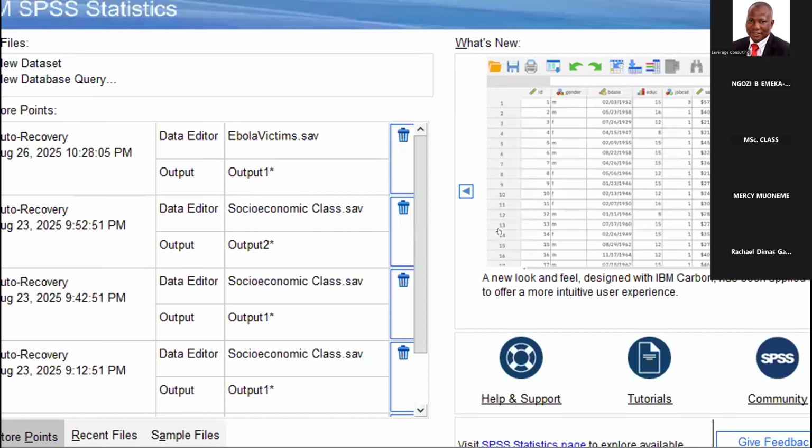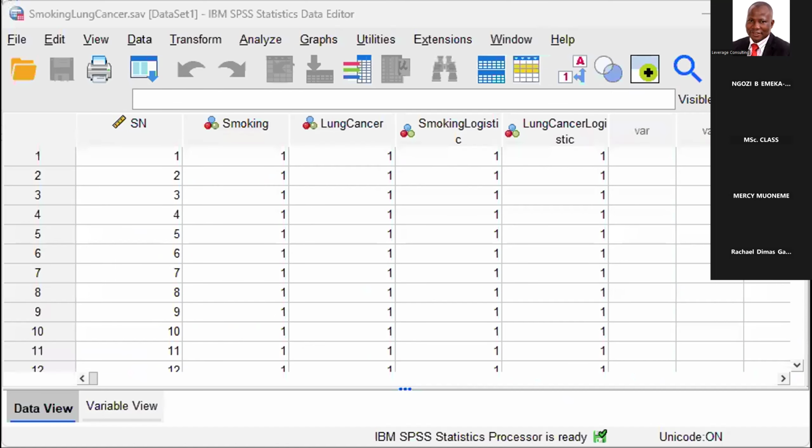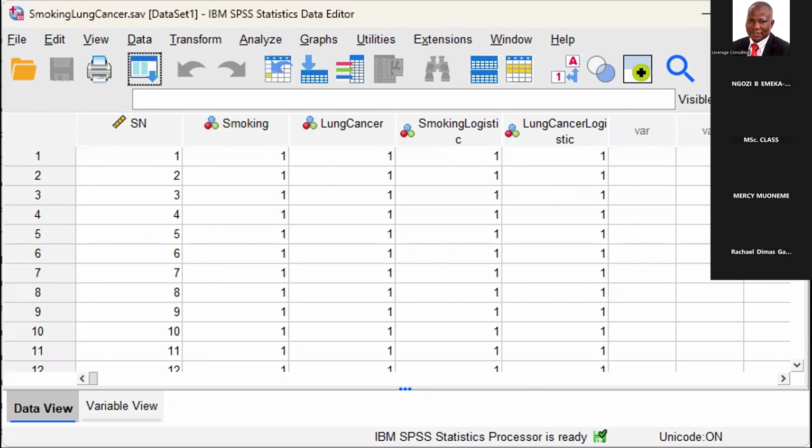So can you see now? It's coming up. It has not come up. What's happening? You are supposed to have closed that SPSS before you. So it's okay. Yes, that's it. The data is making noise. You have to mute yourself.